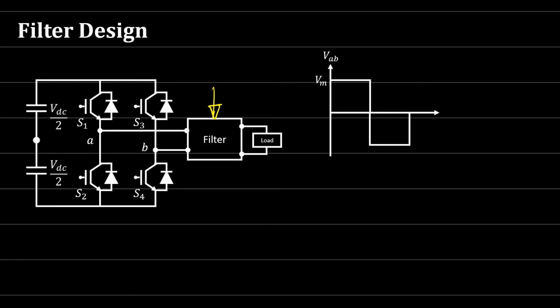It depends on the inverter type, either single phase, three phase, current source inverter, or voltage source inverter, which means you want your inverter to act as a current source on the output or as a voltage source on the output, because this will be taken into consideration when you design the filter.